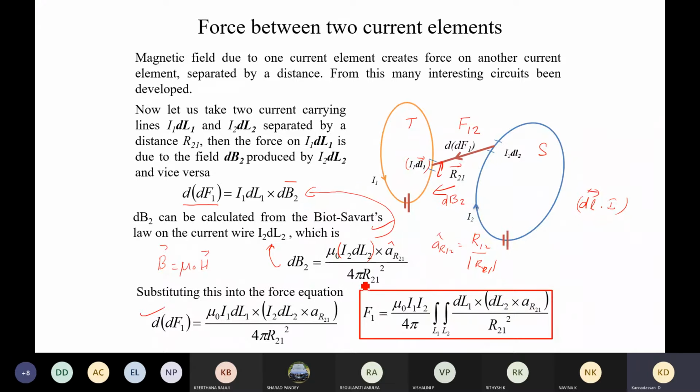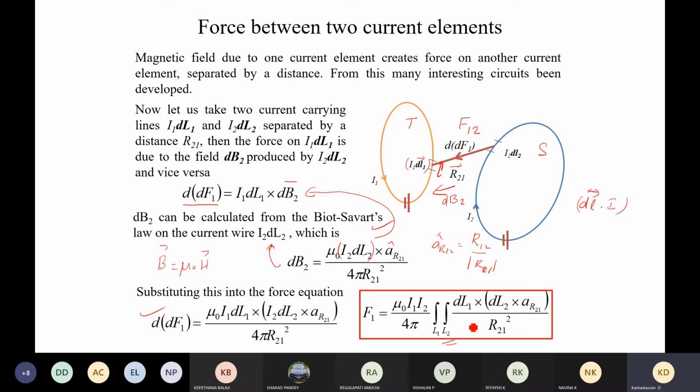By rearranging this, we can integrate for both the lines, both the loops. When you integrate, you get the magnetic force acted upon the other loop because of this overall loop, which can be calculated by means of double integration.